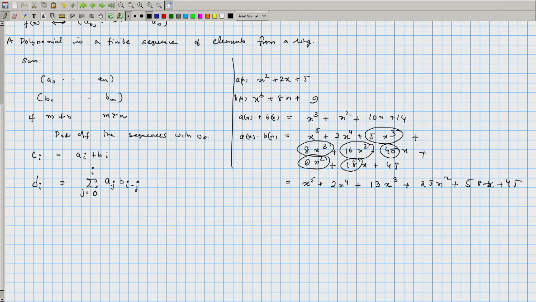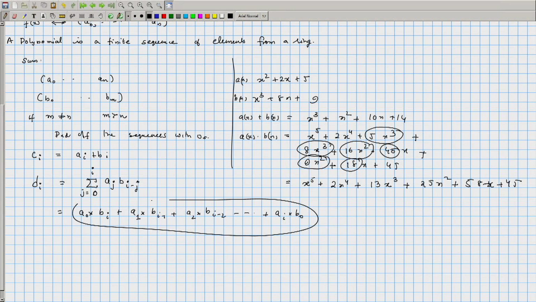That is a0 into bi plus a1 into b(i minus 1) plus a2 into b(i minus 2) all the way up to ai times b0. Okay. So, the ith term's coefficient will be this sum of products.